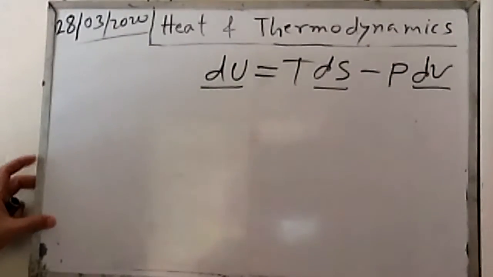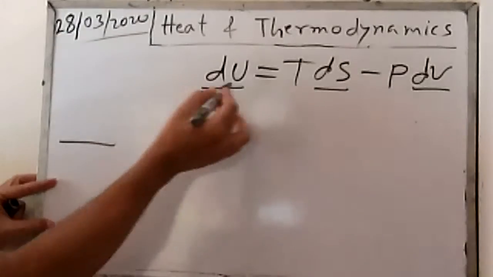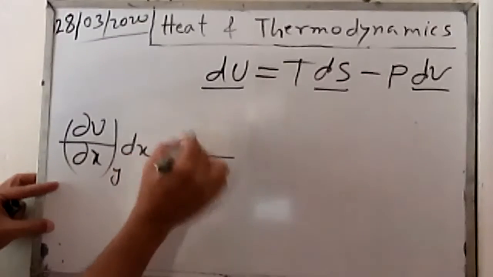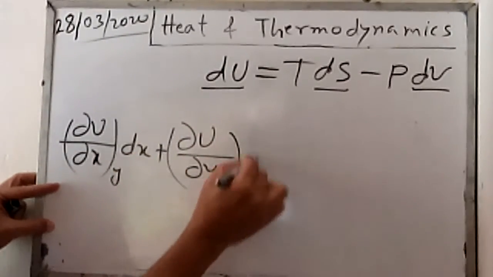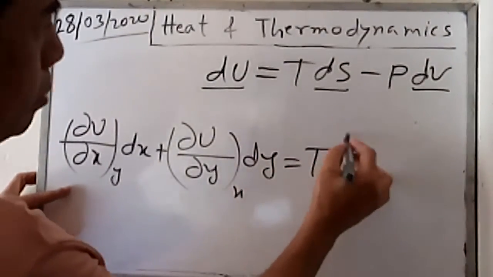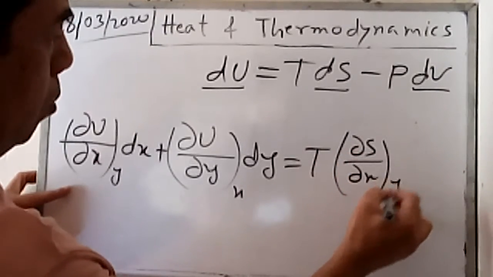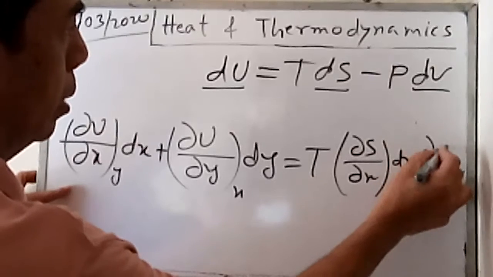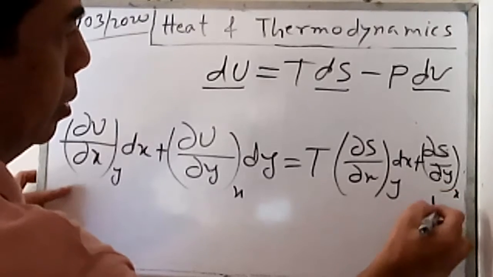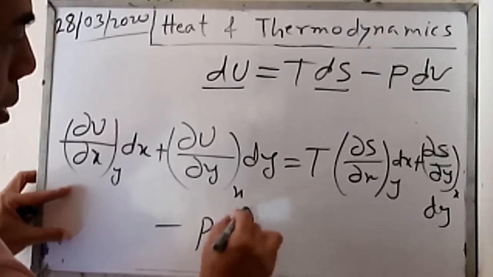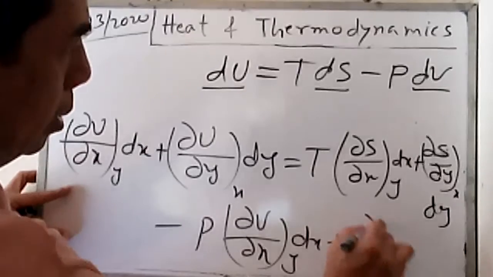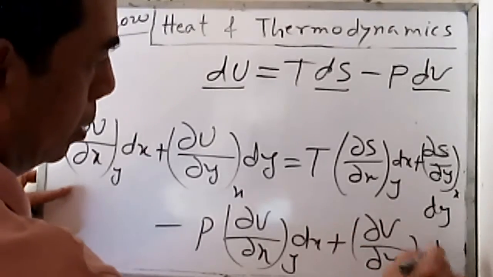Just put these values: del U del x at constant y dx plus del U del y at constant x dy equals T dS. dS means del S del x at constant y dx plus del S del y at constant x dy, minus P dV, del V del x at constant y dx plus del V del y at constant x dy.